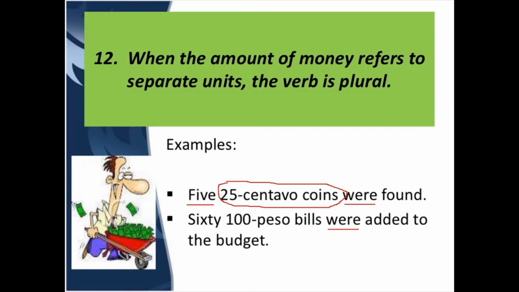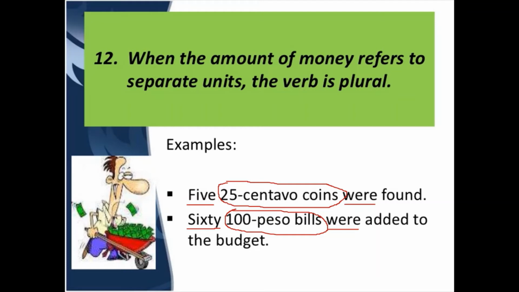In the next example, the subject is 60 100-peso bills. So the amount of money here is 100-peso bills. However, it is preceded by the number 60. So if it is preceded by a number, then it refers to separate units or pieces. So how many pieces of 100-peso bills?